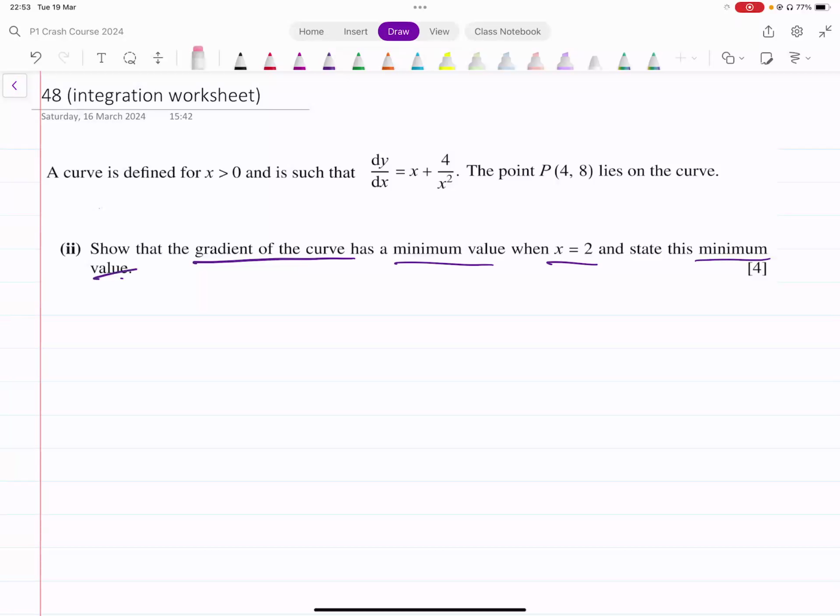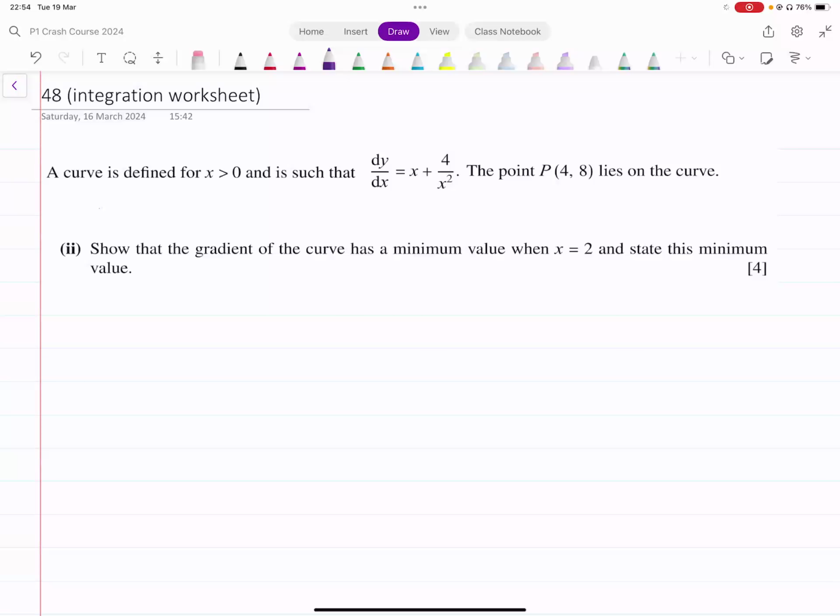Now, how do we do this? Any idea? How do we show that the gradient of the curve has a minimum value when x equals 2? Any idea? How do we start?